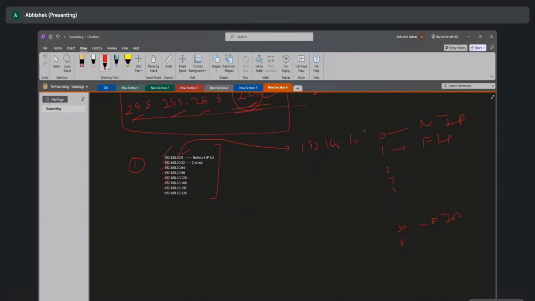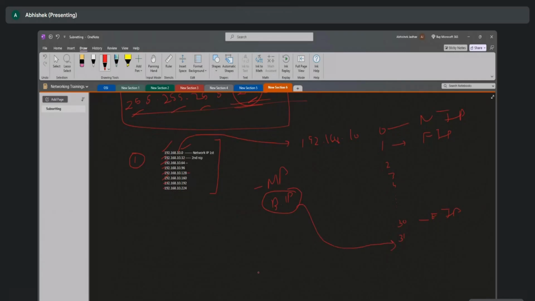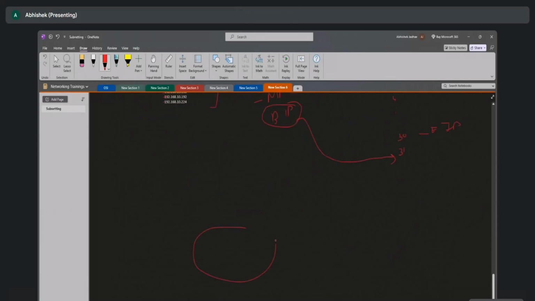Because for each network, as I earlier told you, there should be a network IP and there should be a broadcast IP. This type of IP is nothing but 31. So for this network, if some organization is using 192.168.10.0/27 as their internal routing address, this is a department, let's assume, some HR department, and they want to broadcast a message.